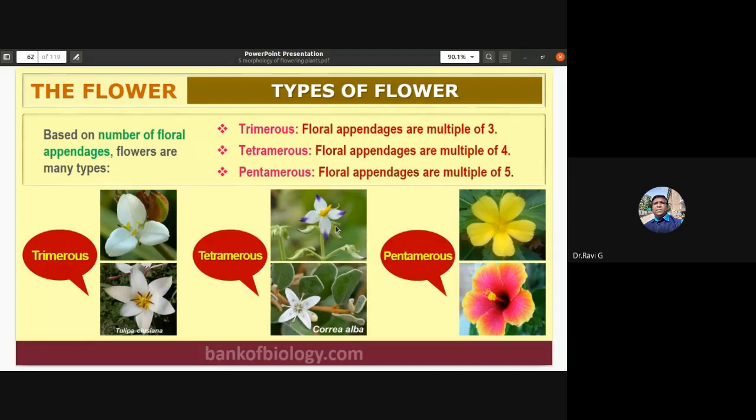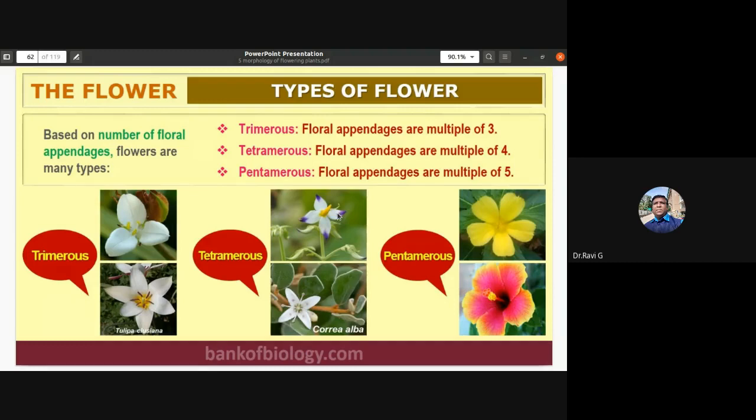This is seen in the Brassica family, which includes mustard, radish, and others. Mustard is a very good example for cruciform corolla. Here they have given the flower Coria alba, which has this plus-like arrangement in the corolla. In this flower, you can notice that sepals will be four in number, petals will be four in number, and the stamens will be four plus two.